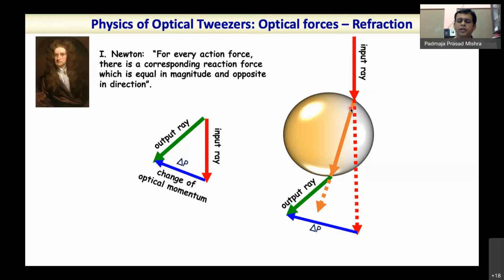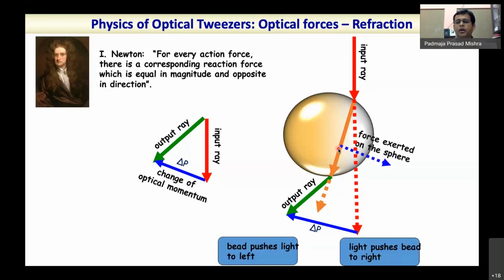And whenever there is a change in the momentum, according to Newton's third law, for every action there is a corresponding reaction force, which is equal in magnitude and opposite in direction. So if the momentum changes in this direction, there must be a force working opposite to it.